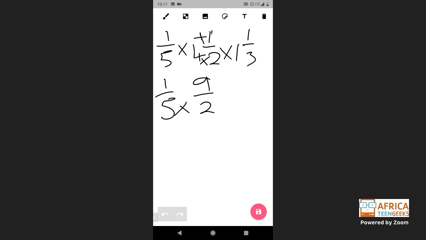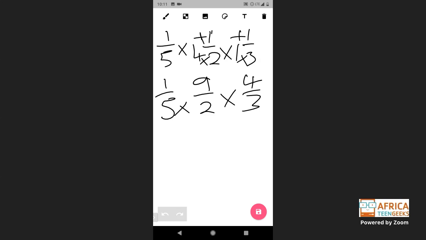Then we also have 3 multiplied by 1 plus 1, which equals 4. So we'll have 4 over 3. Here are our new fractions.